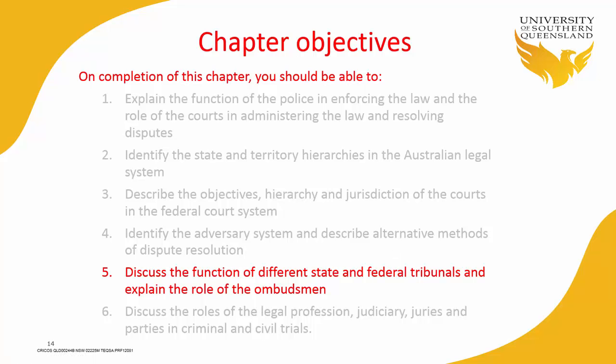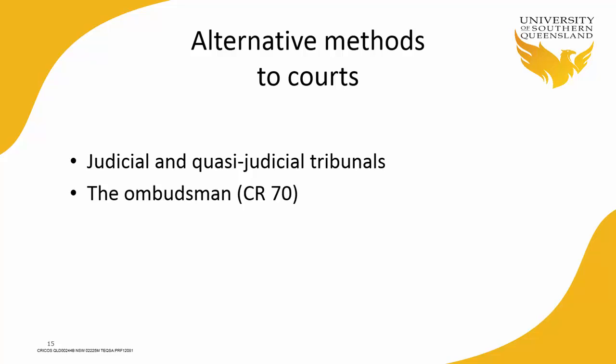So let's then continue with our discussion of these alternatives. The fifth learning objective asks us to discuss the function of different state and federal tribunals and explain the role of the ombudsman. Okay.